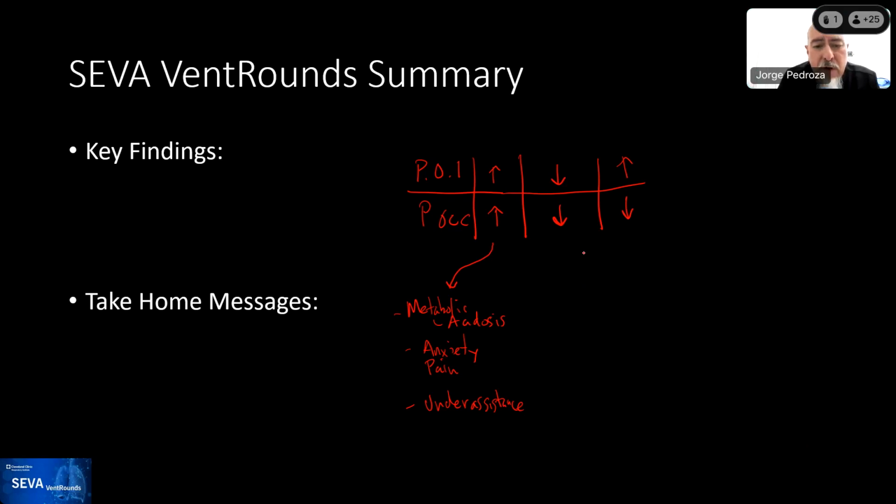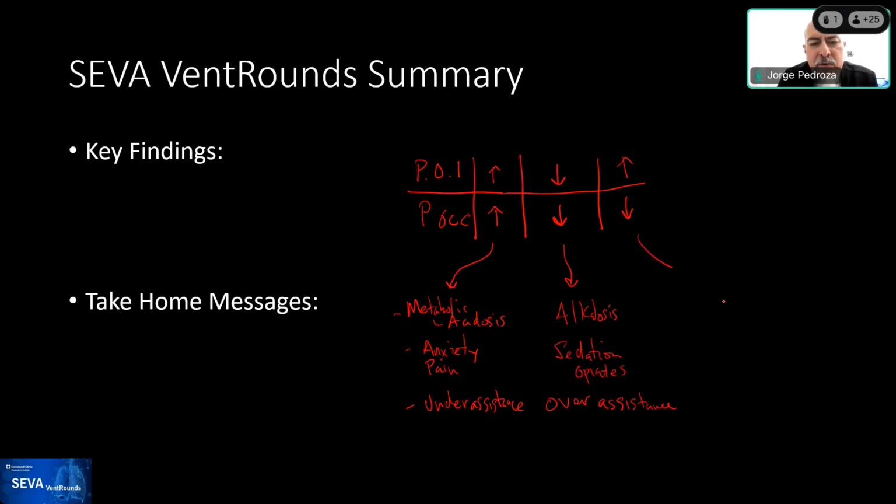When we have both low, we have the opposite: metabolic alkalosis, a lot of sedation, intoxication, toxicity with opiates, for example, and over resistance.